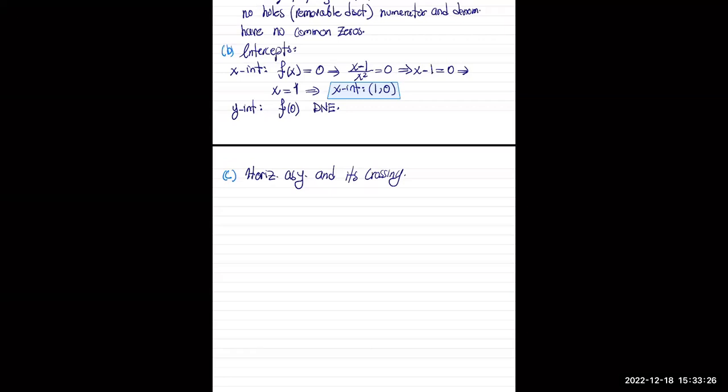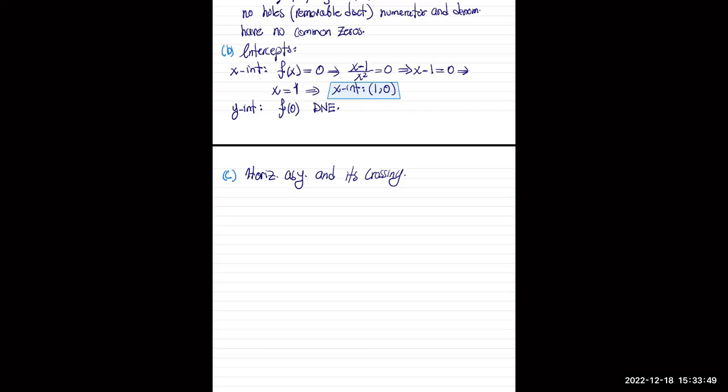The vertical asymptote does. At the vertical asymptote, the function is not continuous. The function is undefined. So the graph of a function can't cross its vertical asymptote. But the horizontal asymptote is something entirely different. It has nothing to do with the domain.